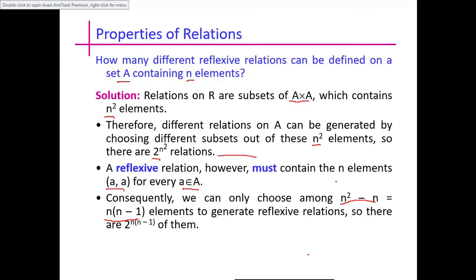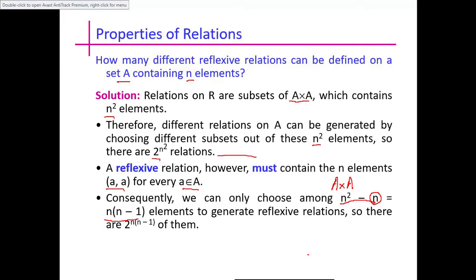So in A cross A, we have n square elements, and these n elements are fixed in every such relation which is reflexive.